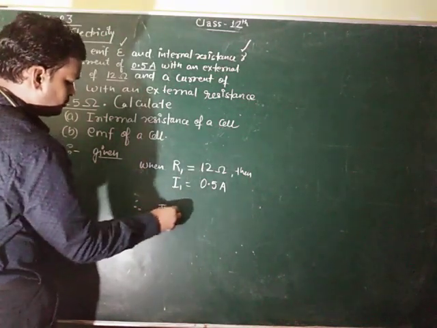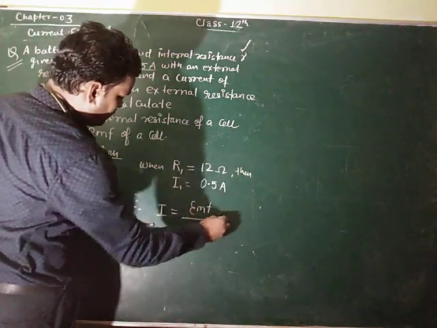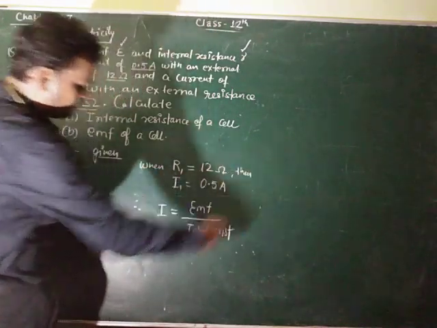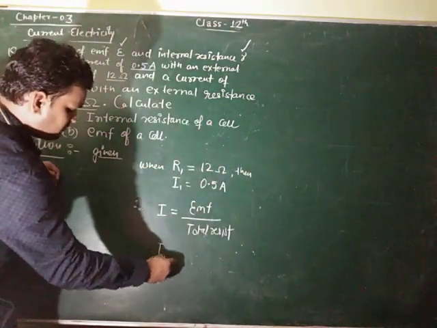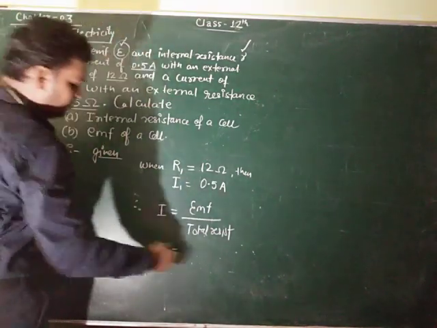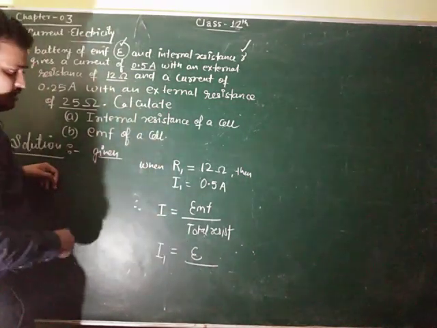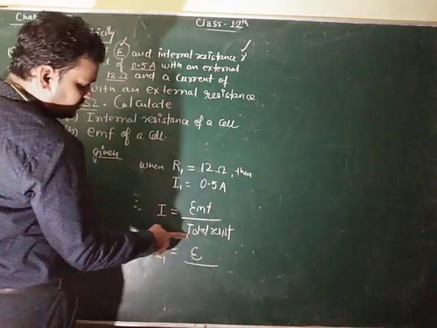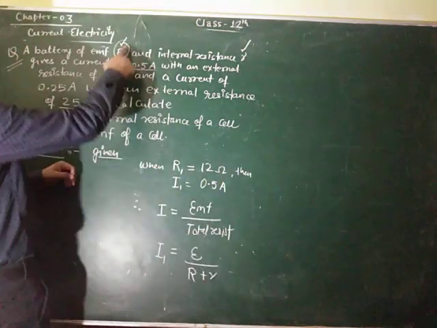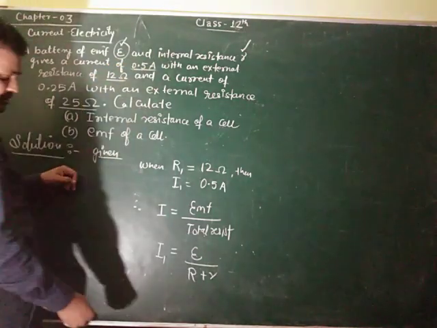I is equal to EMF by total resistance. So this is I1, and EMF is given as E, so we are writing E. What is total resistance? In the previous derivation we have seen total resistance is R plus R. These two things can never change for a single battery, meaning EMF and internal resistance. Only the current and external resistance can change.